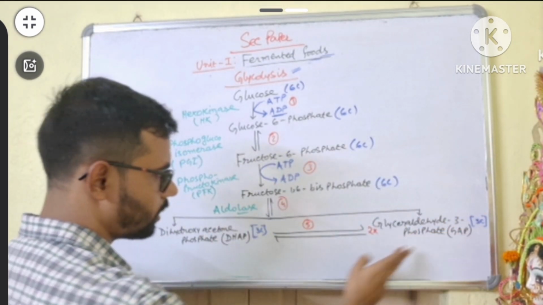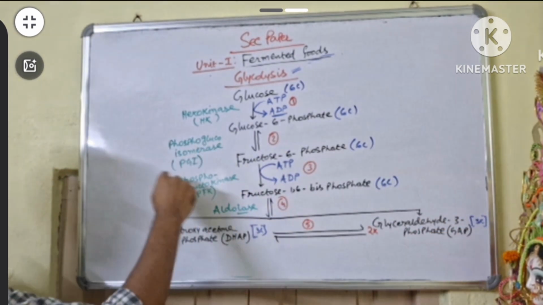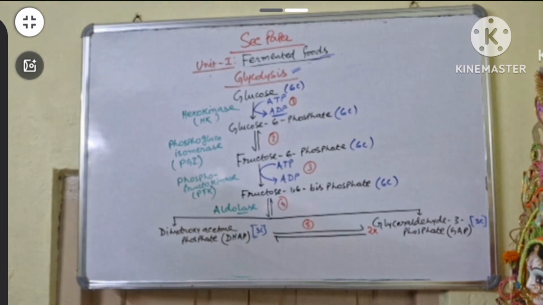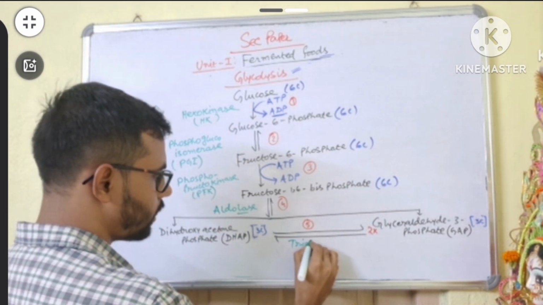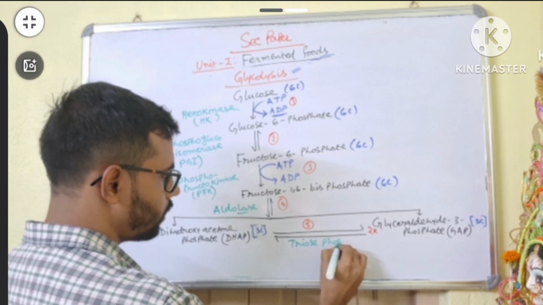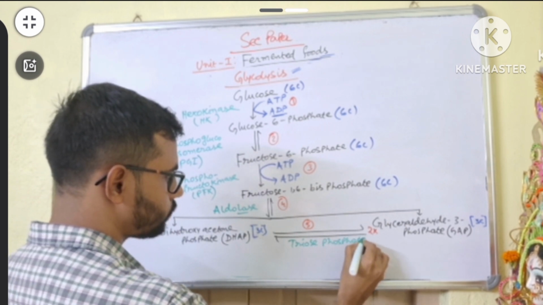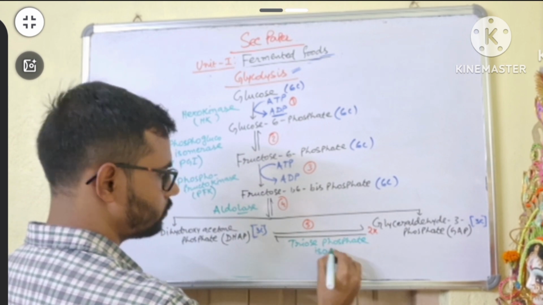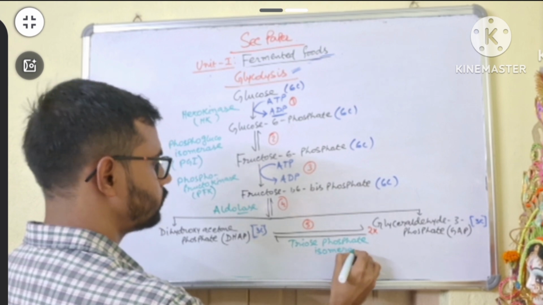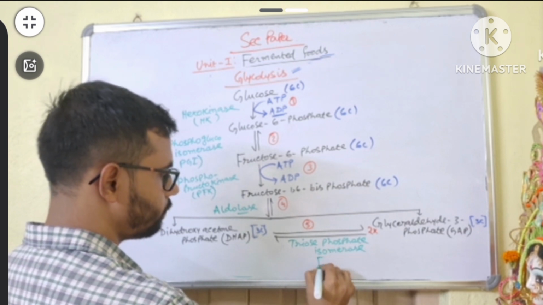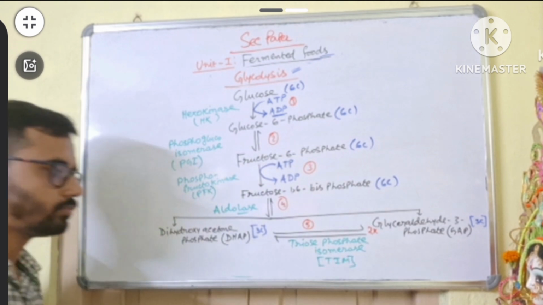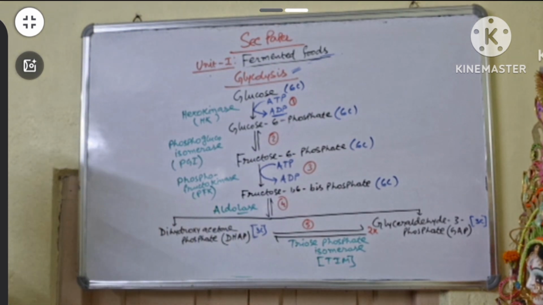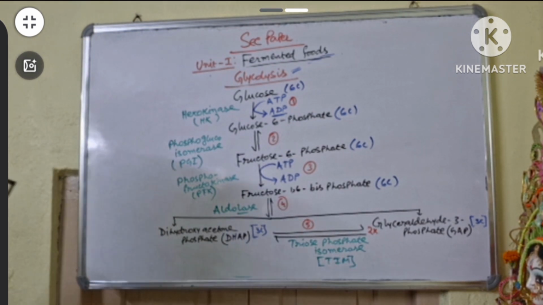Ketose to aldose conversion means another isomerase is needed, but the name is changed. The name is triose phosphate isomerase. The short name is TIM. T for triose, IM means isomerase.